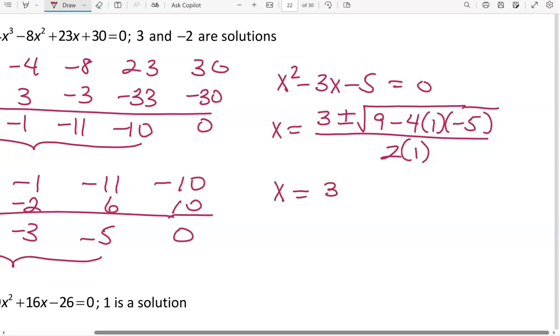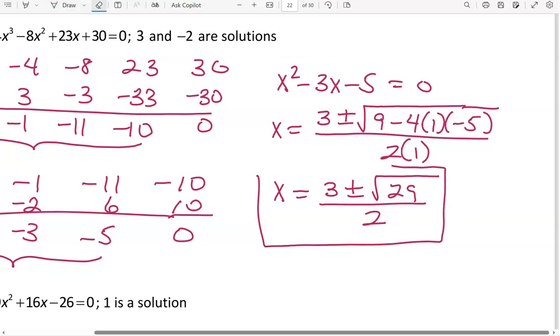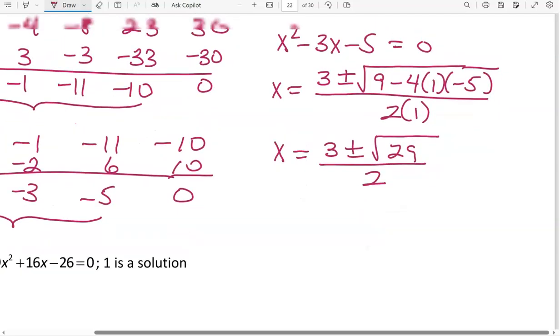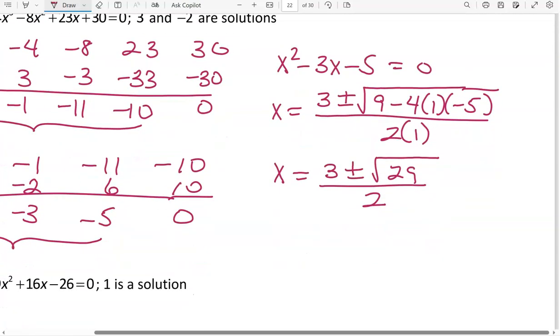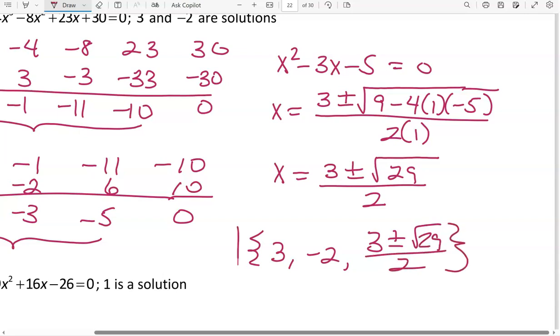So x is equal to 3 plus or minus, and inside the square root we have 9 plus 20, so 29, over 2. And that's not the complete solution set, that's only 2 of the solutions. So our complete solution set includes 3, negative 2, the given solutions, and 3 plus the square root of 29 over 2, and 3 minus the square root of 29 over 2.